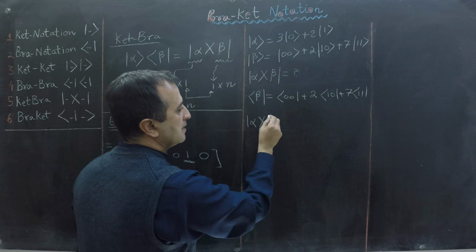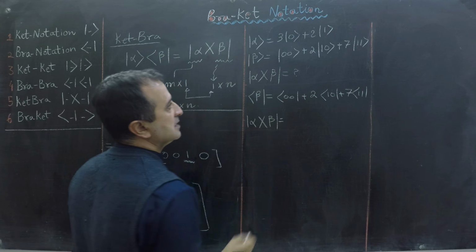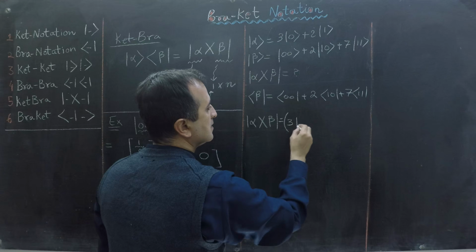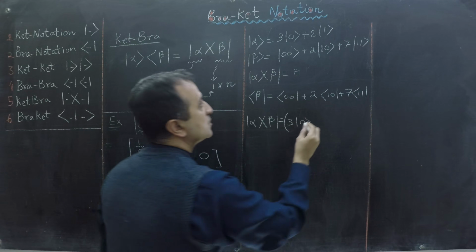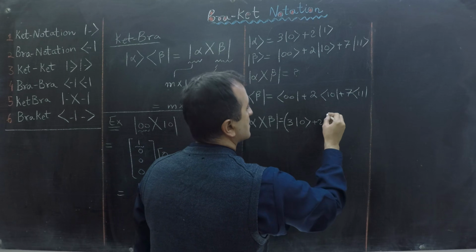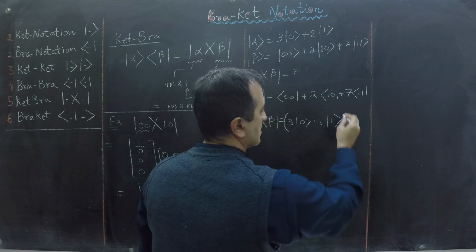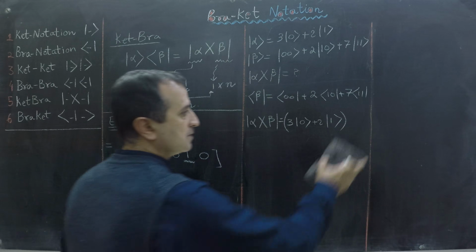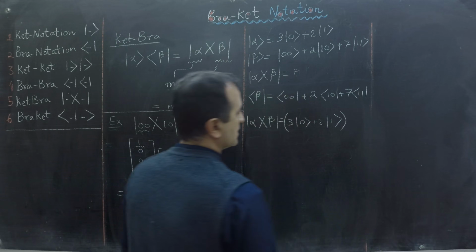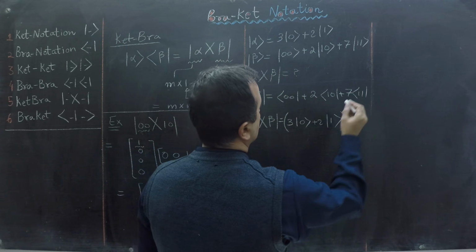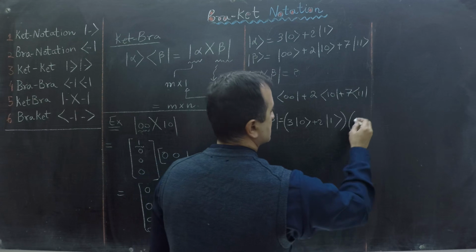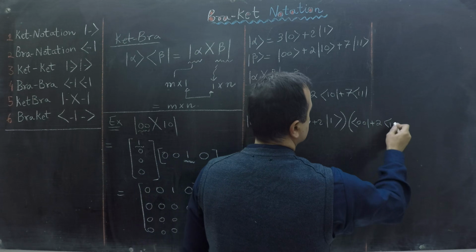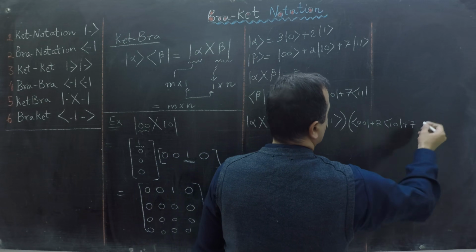So ket alpha and bra beta is equal to, first I write this vector, 3 ket 0 plus iota ket 1, and I'm going to use this space also. And then I will write my bra beta, which is bra 0 0 plus 2 bra 1 0 plus 7 bra 1 1.